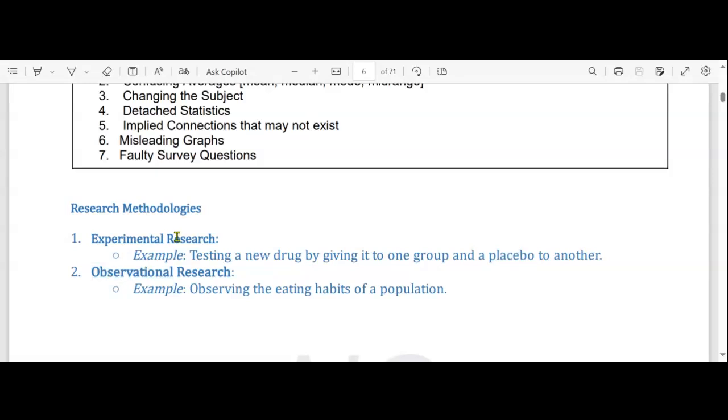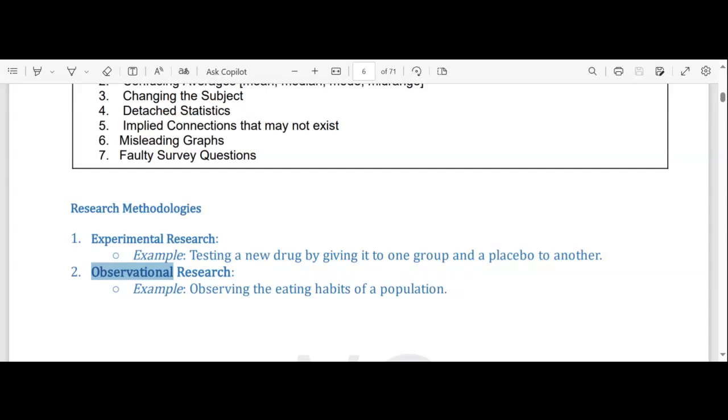Remember this in the experiment. You are interfering, right? You are manipulating the drugs. Maybe you can give the group a certain size of the pill, or weights, or strengths. Now, in the observation, you're just observing.